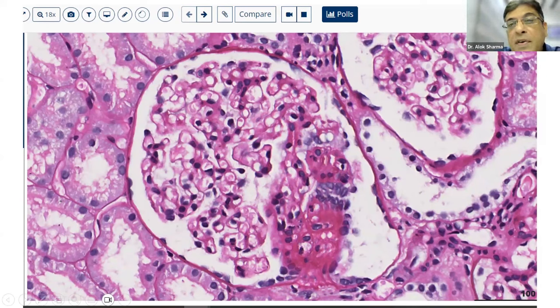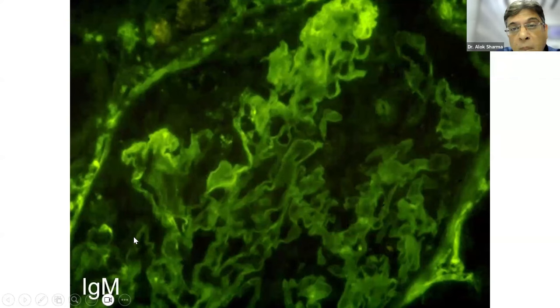So this is an FSGS, or focal and segmental glomerulosclerosis, pattern of injury, if you want to call it that. There was no tubulointerstitial fibrosis or anything. You can see the proximal tubules and other things here. And the IF was negative, except for what you are seeing here, which is entrapment of IgM. It's an important finding to note.